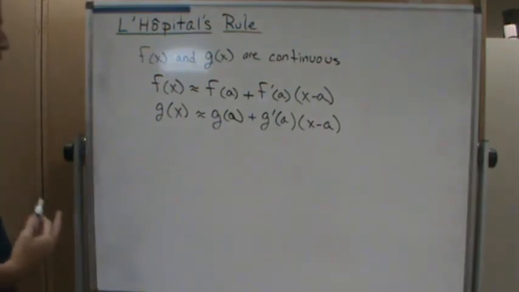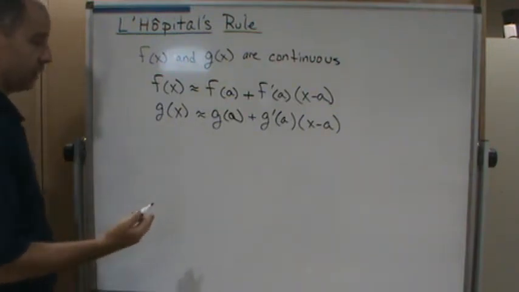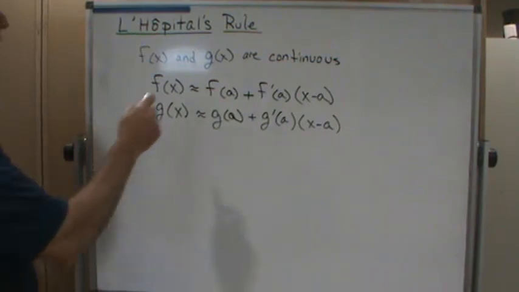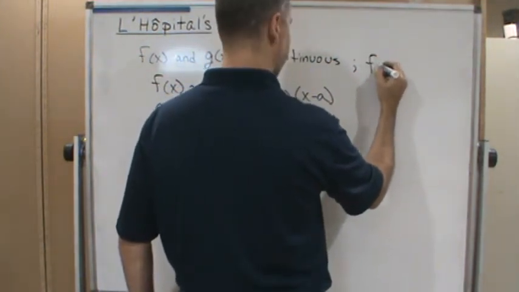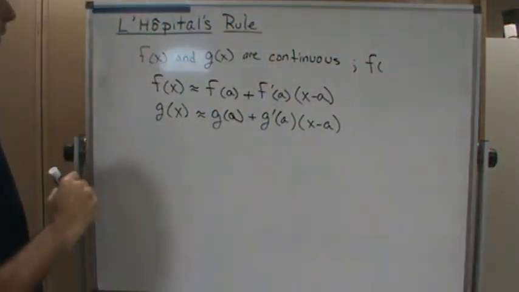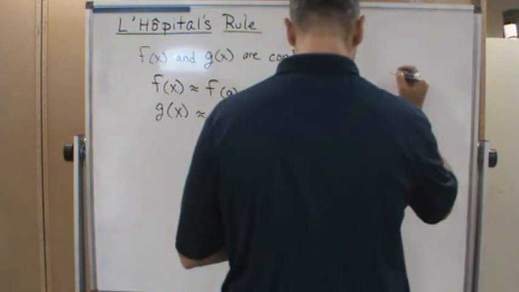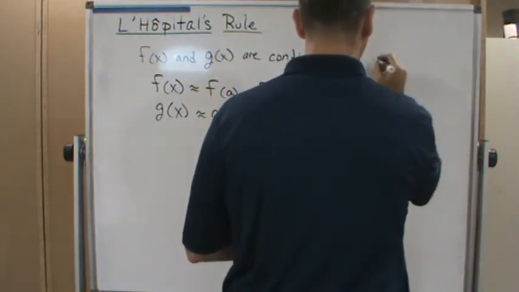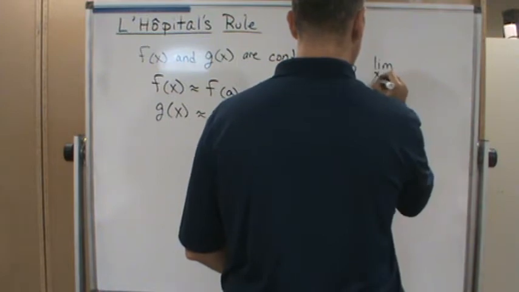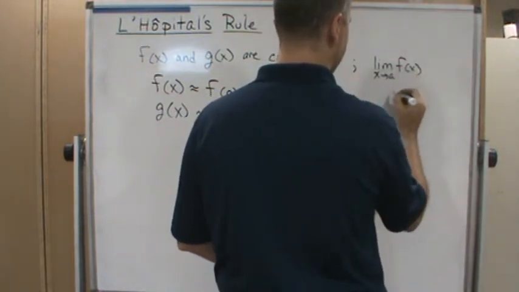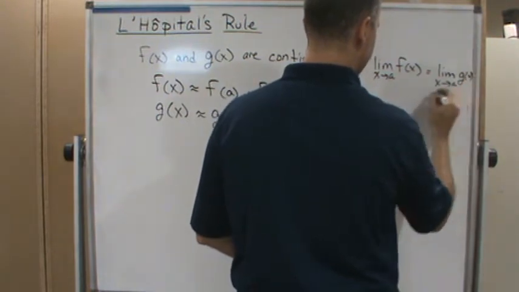Okay? And so if we take the ratio of these things, since f and g are both continuous, we know, oh, the other thing too is let's assume, we also want to assume the limit as x approaches a of f of x is equal to the limit as x approaches a of g of x is equal to 0.